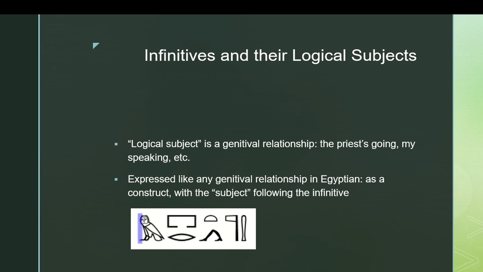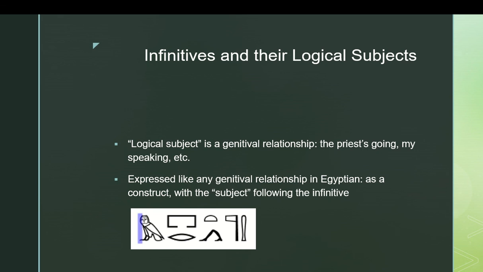So in this case, you have peret hem necher, which means something like at the going out of the hem necher priest, or as the hem necher priest was going out. It can be progressive with this particular form, but it is not necessarily so.